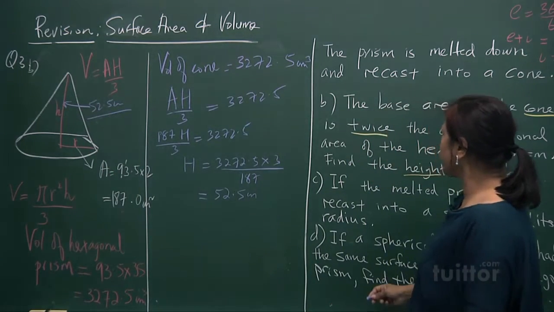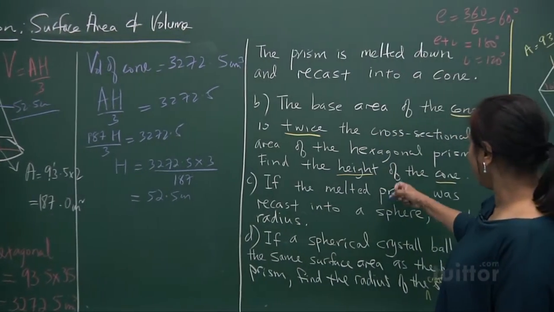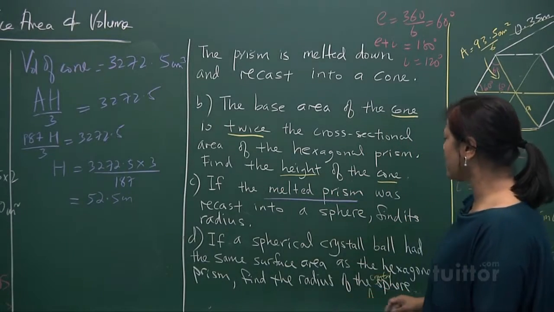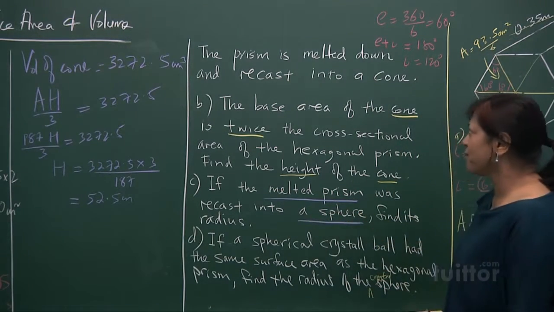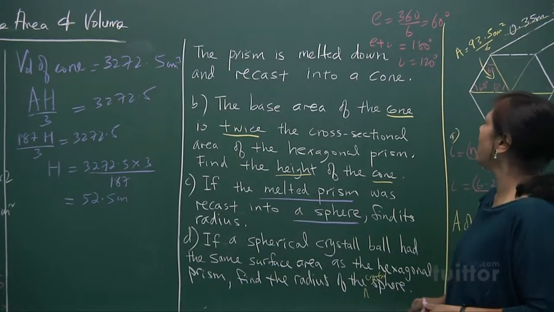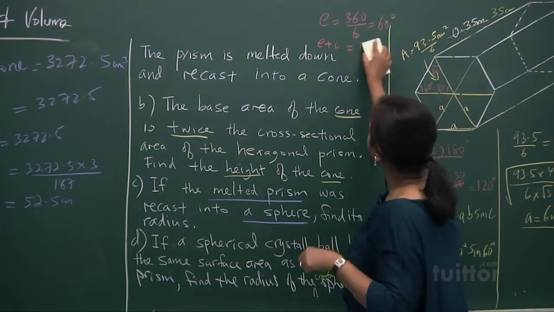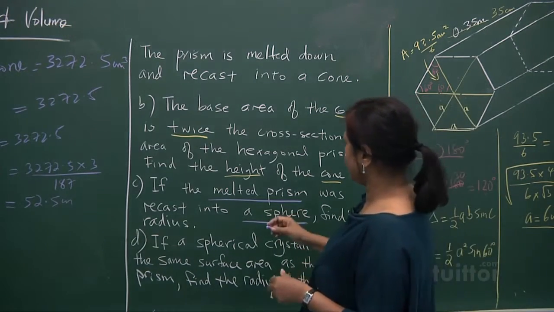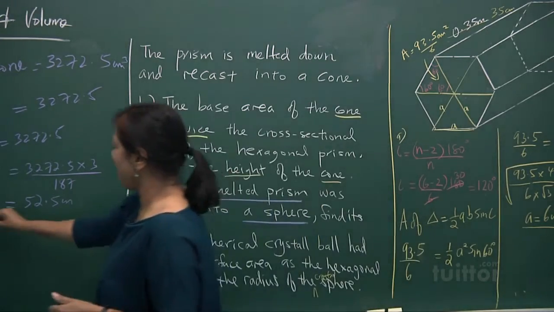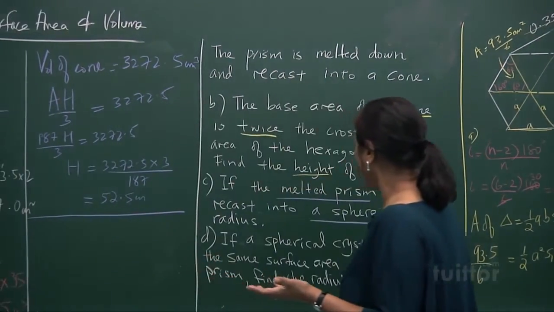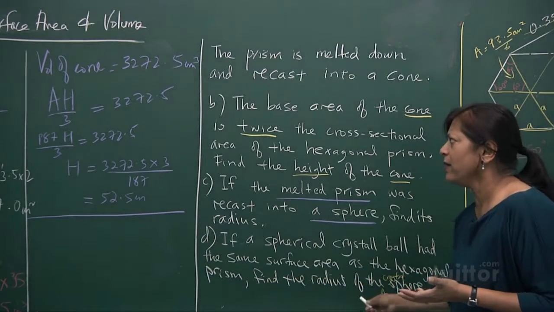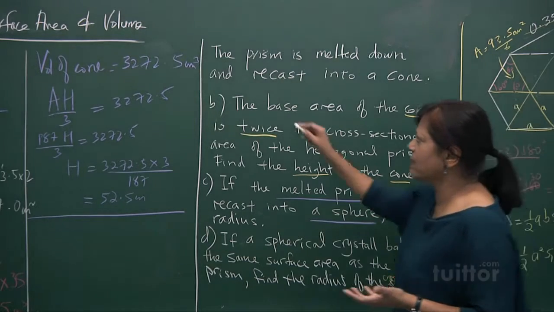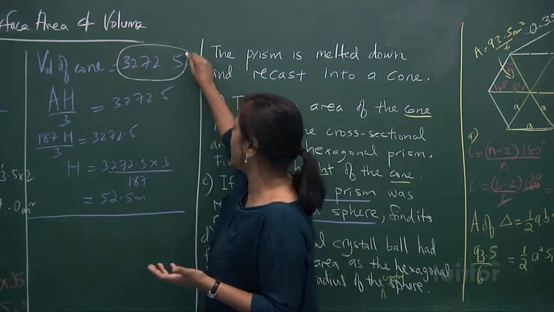Got it? Now the next part says that if the melted prism was recast into a sphere, find its radius. Okay, now let's look at part C. Nothing to fear. The whole thing, the hexagonal prism, has the same volume as the cone.